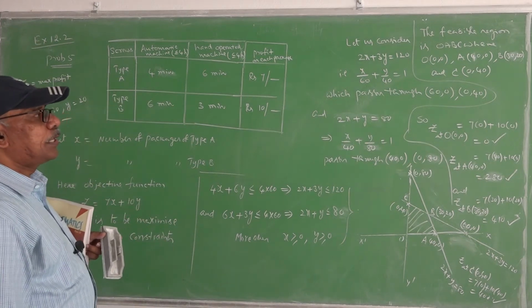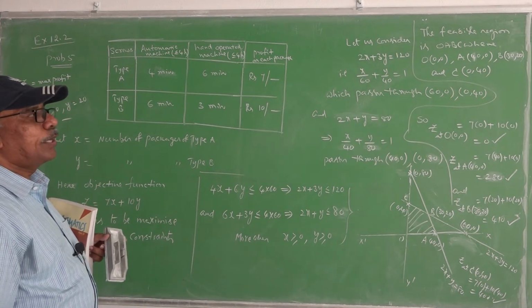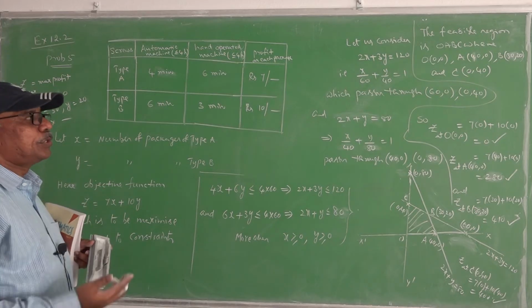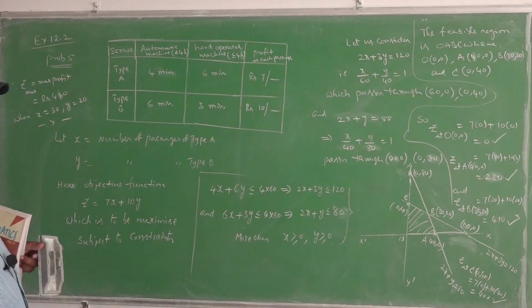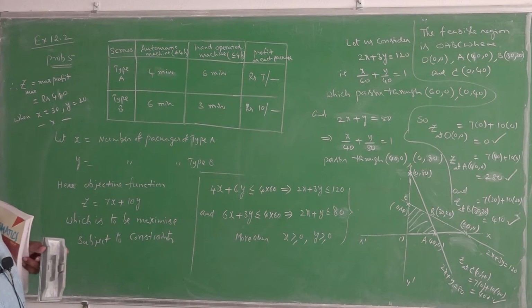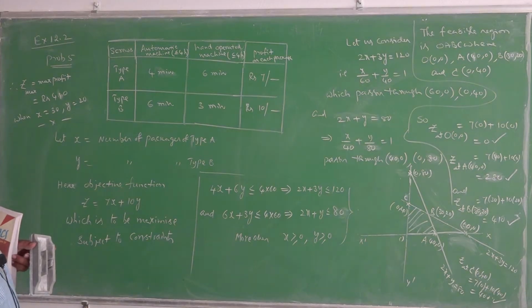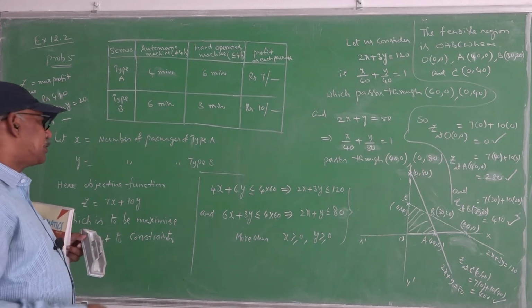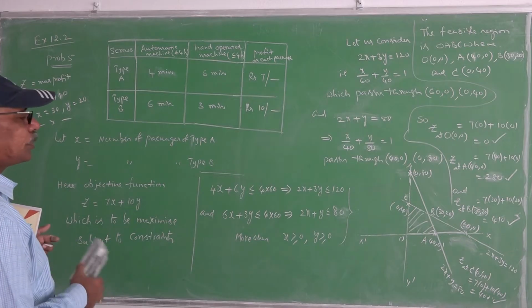According to this feasible region, the corners O, A, B, C are respectively 0, 0, 40 comma 0, 30 comma 20, and 0 comma 40. At these corners, the objective function values are respectively 0, 280, 410, and 400. Out of these, the maximum value is obtained at x equal to 30 and y equal to 20.